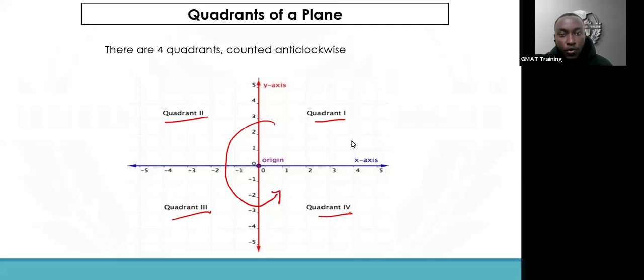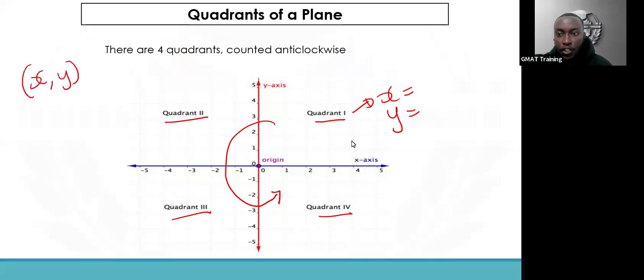Right, so for quadrant 1, the values of x and y. First thing before we get to that is that each and every point in this Cartesian plane has 2 values, the values of x and y.